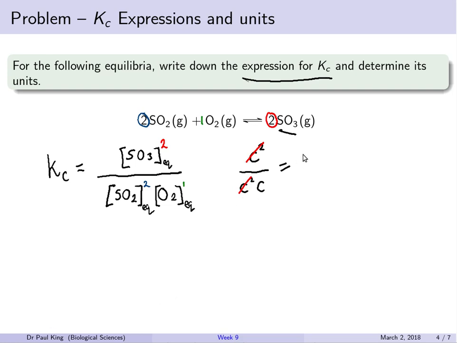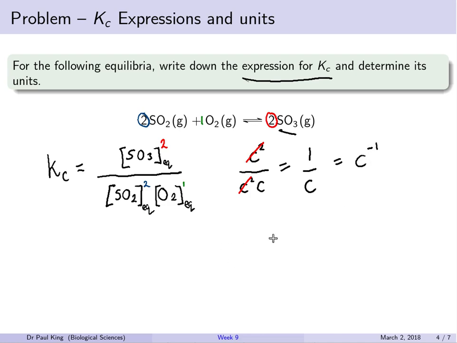And if we cancel out those terms, we're left with a 1 over concentration. And another way of writing 1 over concentration is simply concentration to the minus 1. Okay. So whatever the units of Kc are, they're the same as concentration raised to the power of minus 1.